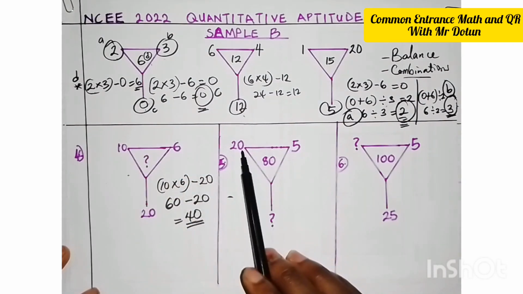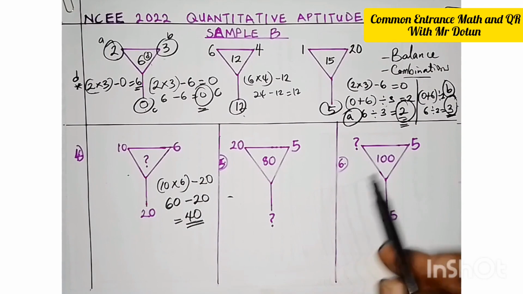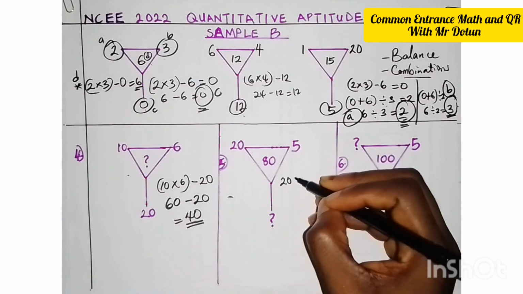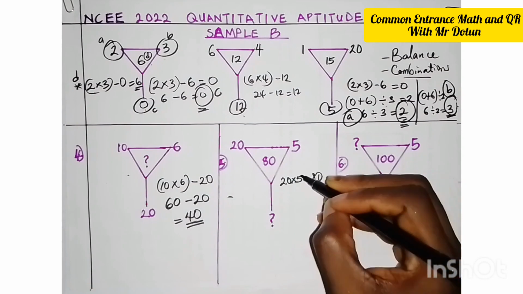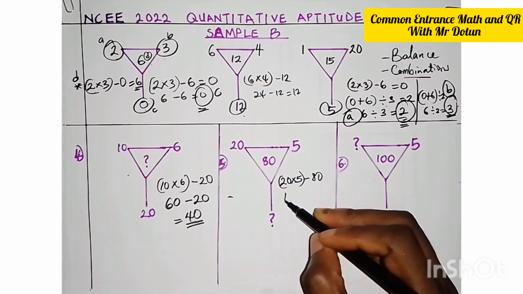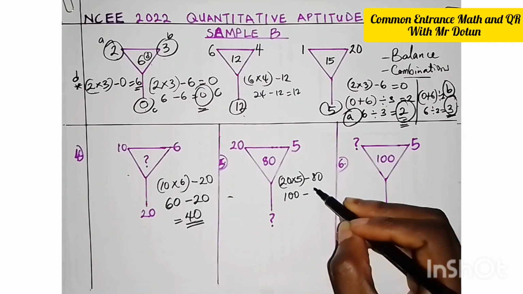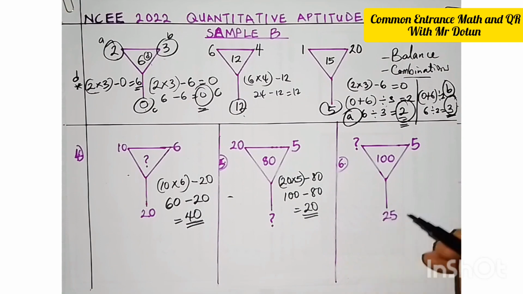So that means we do 20 times 5 minus 80. Alright, so 20 times 5 is 100. 100 minus 80 equals 20.